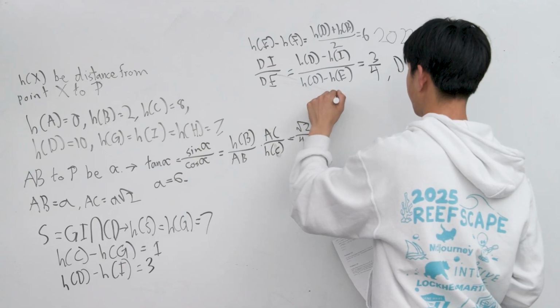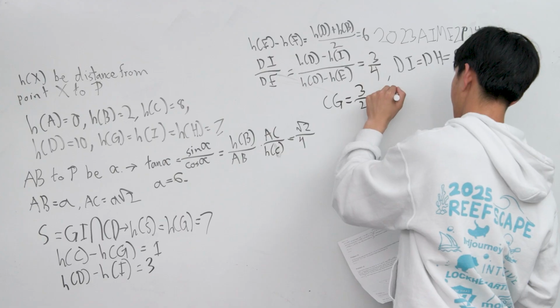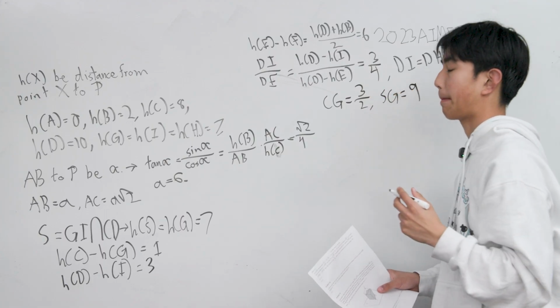Therefore, length CG is equal to 3/2 and SG is equal to 9.